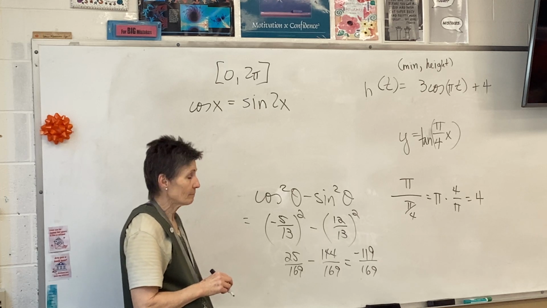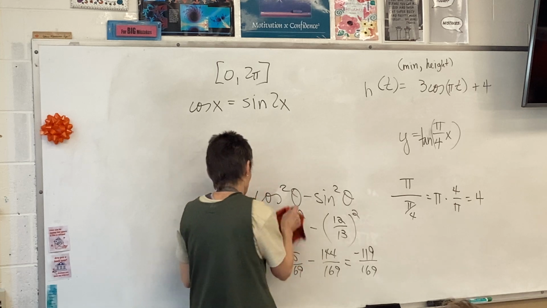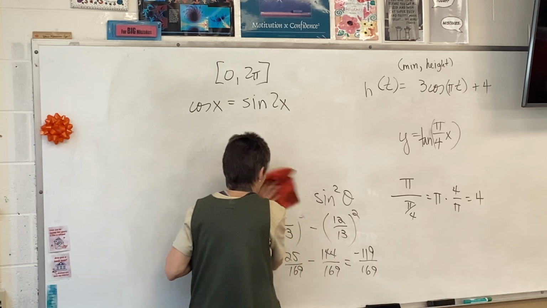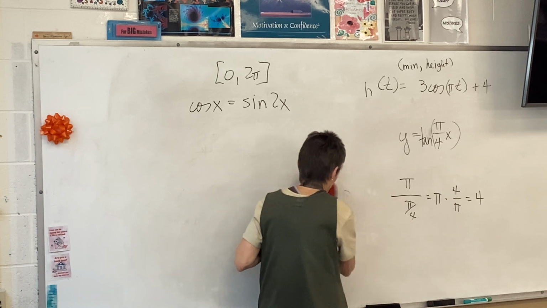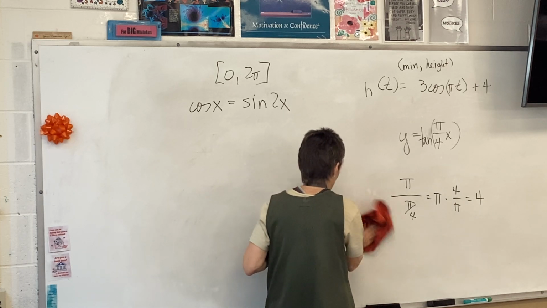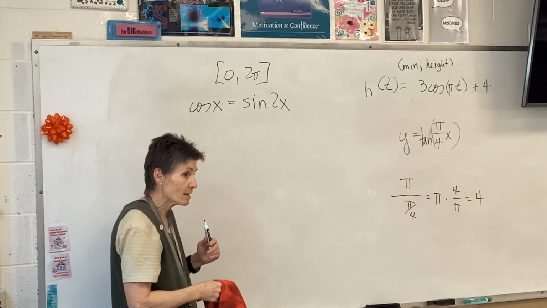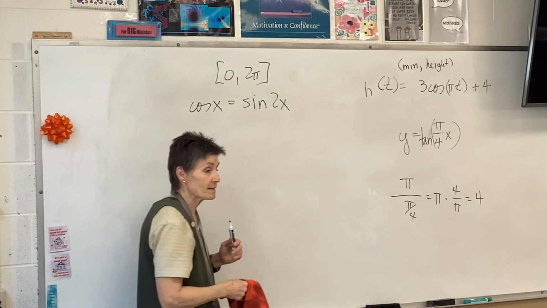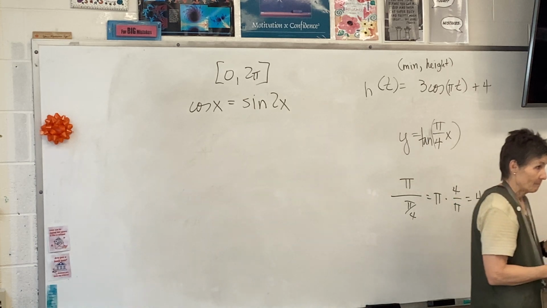Write it down, figure it out. What are you going to do first? Can you divide sine 2x over? You need to subtract, I hope. Oh, yeah. Boys and girls, we aren't going to divide. You can't divide by a variable.